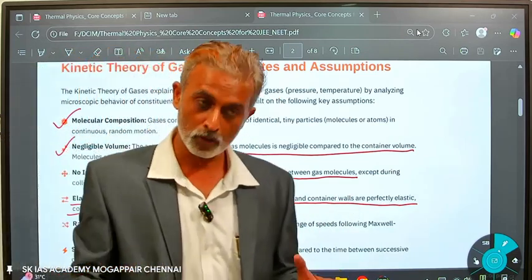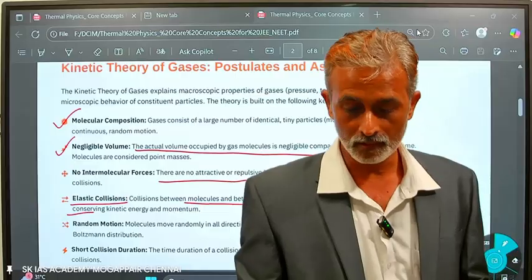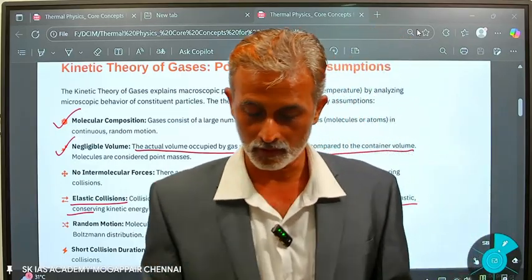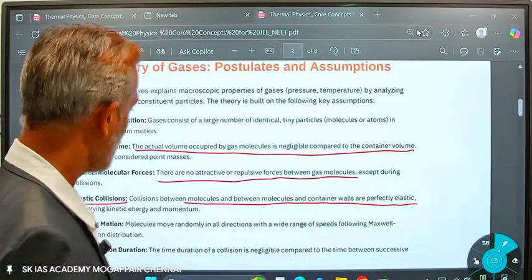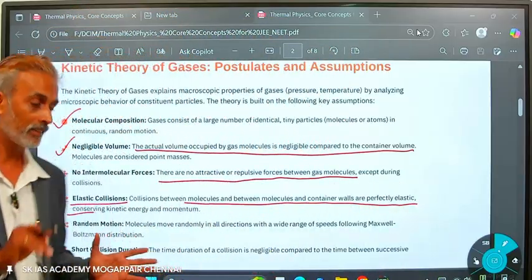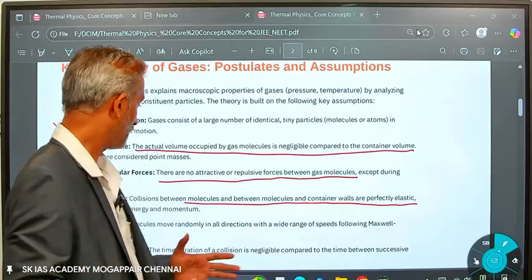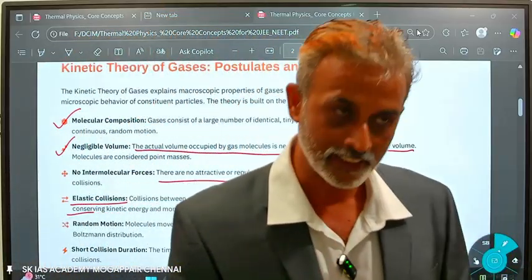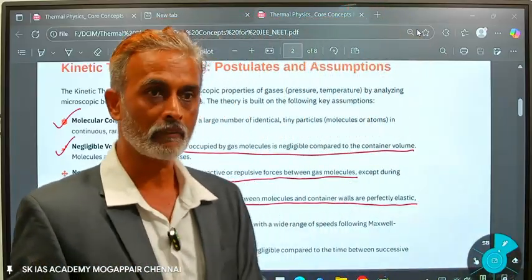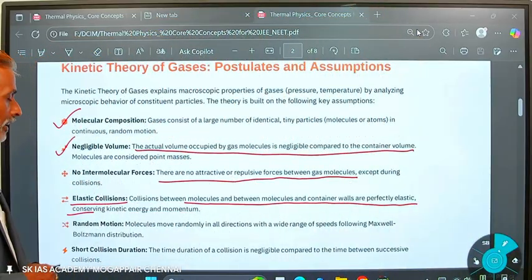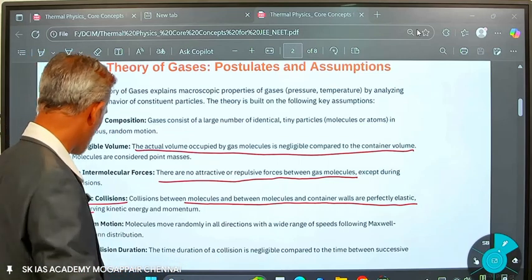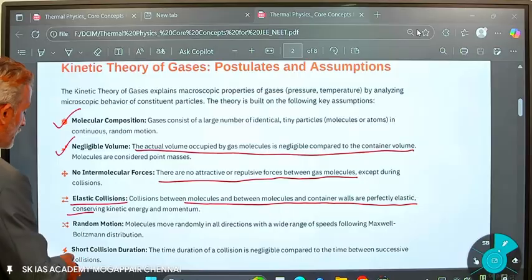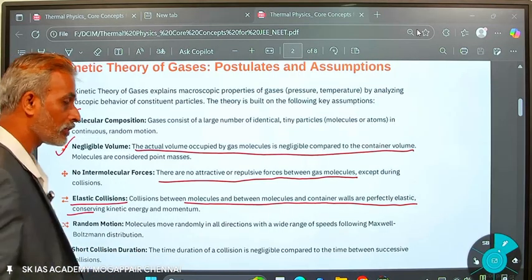Suppose you take molecules inside the gas, and you apply the kinetic theory of gases. Elastic collision will happen, which means momentum is conserved and kinetic energy is conserved, and all molecules move randomly. Then there is also random motion and short collision duration.